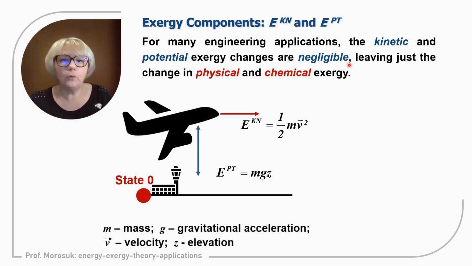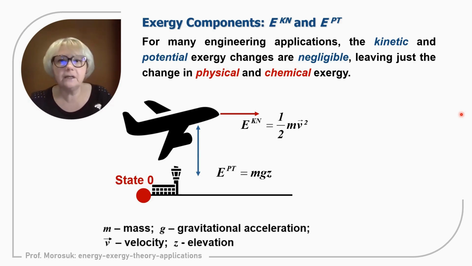Negligible means that we will not say that they are zero. They are not zero, but we know that they exist, but it is not useful for us to calculate these values and just generate many numbers, and it will not help our understanding of the process and evaluation. Therefore, we will simply neglect these effects, and we will focus only on physical and chemical exergy.